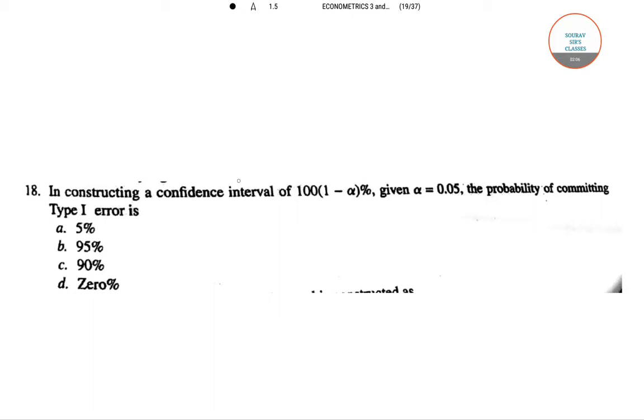Now, in constructing a confidence interval of 100 times 1 minus alpha percent, given alpha equal to 0.05, what is the probability of committing a type 1 error?